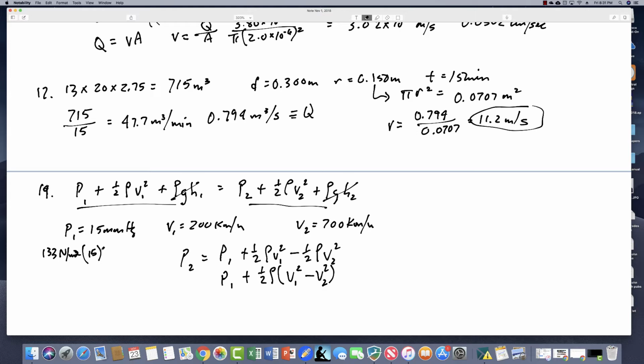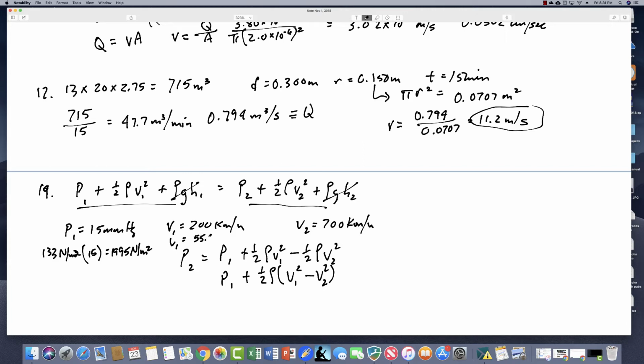And that pressure value is going to be 1995 newtons per square meter.